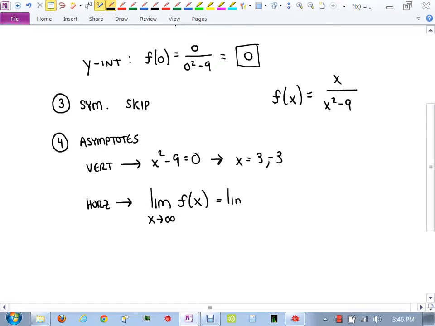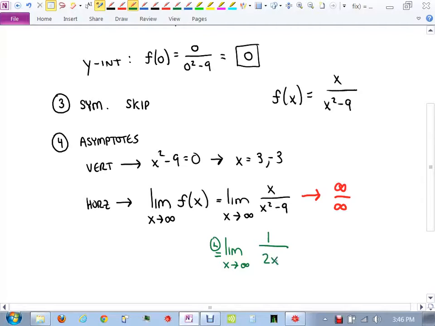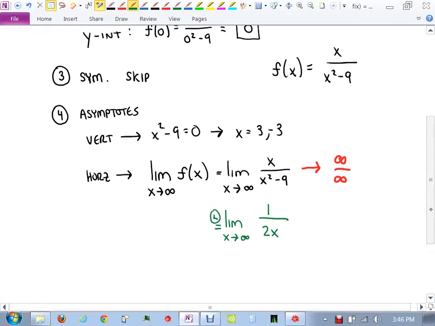So what is the limit as x goes to infinity of x over x squared minus 9? So let x go to infinity, everyone. What do you get? What form limit is this? Infinity over infinity. Good. What do you do when you see infinity over infinity? L'Hopital. Good. Take L'Hopital's rule here. What's the derivative of the top? 1. What's derivative of the bottom? 2x. Now, let x go to infinity again. What do you get?